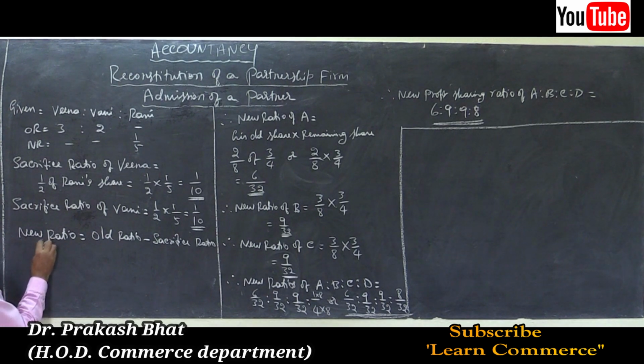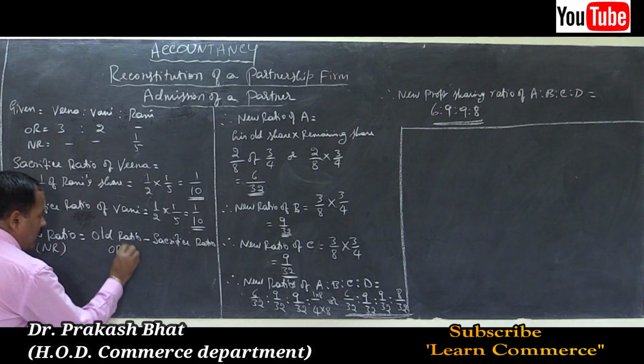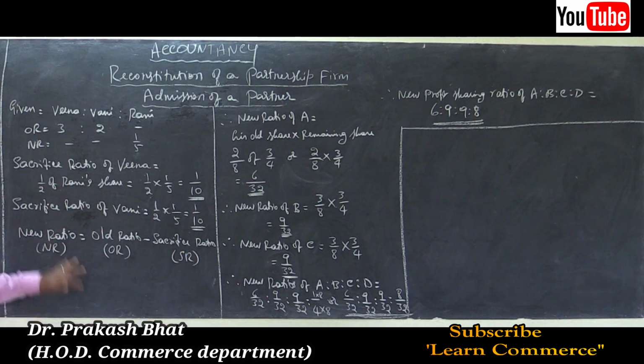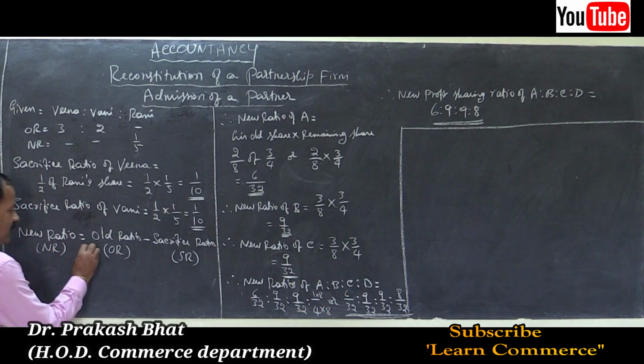Remember this, you should assign NR so that while analyzing further, you can write just NR, it is enough. Without writing the full forms, don't use short forms straight away. Here write OR and here SR. Now you can use SR, OR and NR because you have already assigned what those things are.